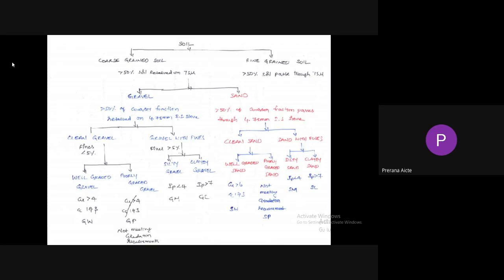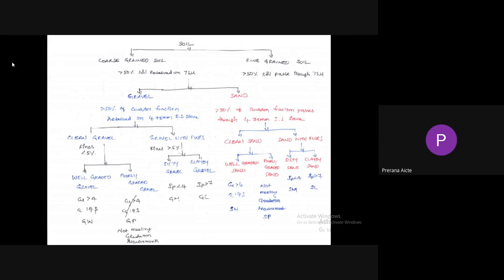Again, gravel is divided into two types: clean gravel and gravel with fines. Clean gravel refers to fine particles, that means soil passing through the 75 micron IS sieve, being less than 5%. Soil passing through 75 microns means clay or silt, and silt and clay are known as fines.